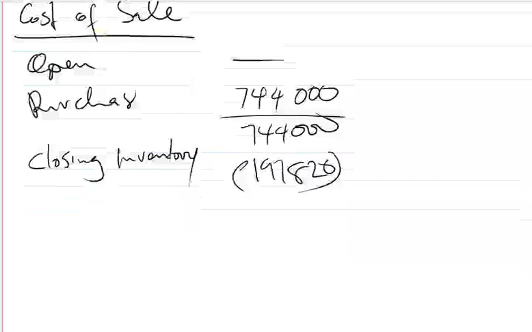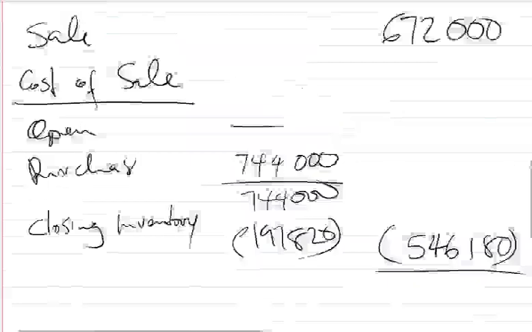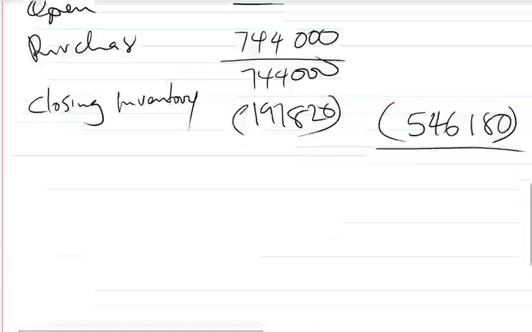So if we subtract, we should find a value of 546,180. If we subtract this from our sales figure, we should find a gross profit of 125,820. So this is our gross profit.